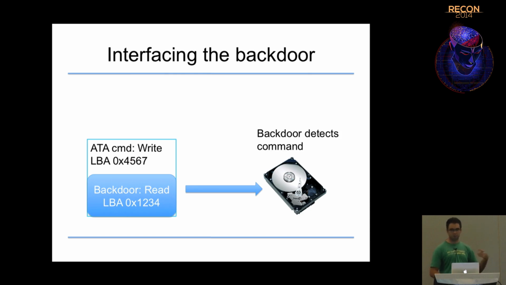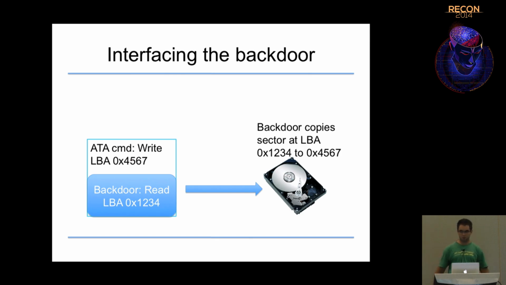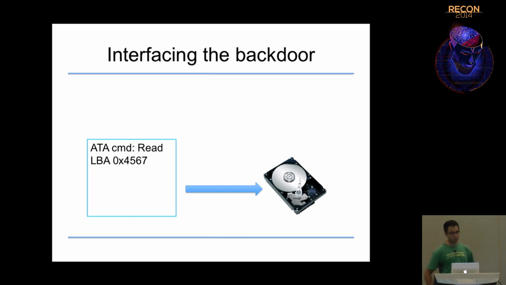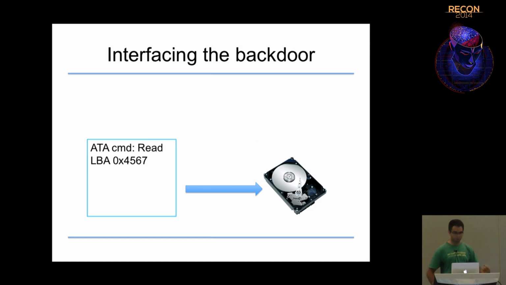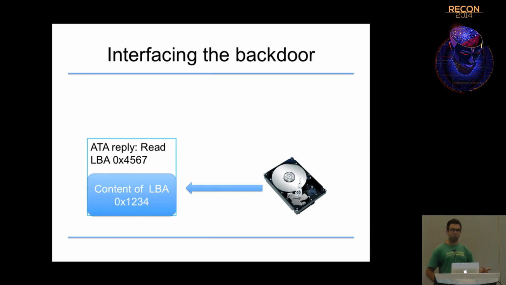The backdoor scans the block contents, realizes that there is a backdoor command, and stores this in memory. And when you send a read command next time for logical block 4567, which is exactly the block where you wrote before, so if you, for example, edited a text file, then you would normally get back the contents of the text file. Instead, the hard drive will return you the contents of block 1234.